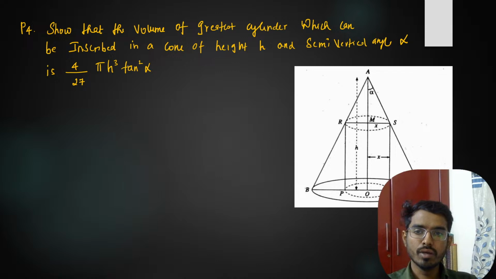We know the semi-vertical angle alpha, and h is the height of the cone. They have given that. We need to maximize the volume of the cylinder, right?